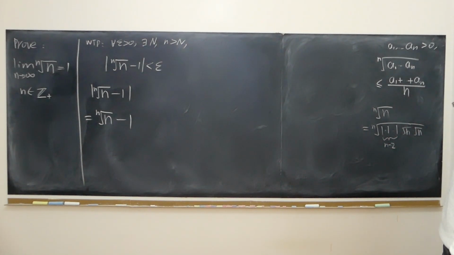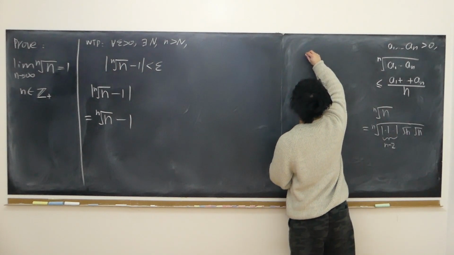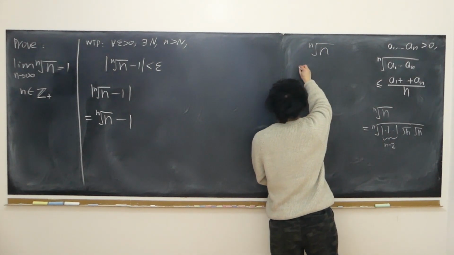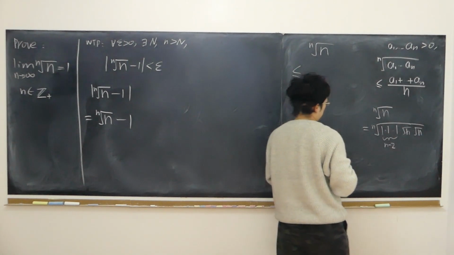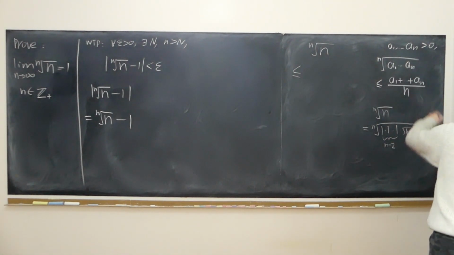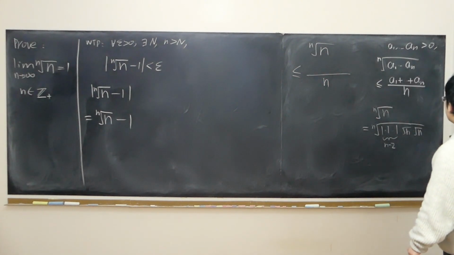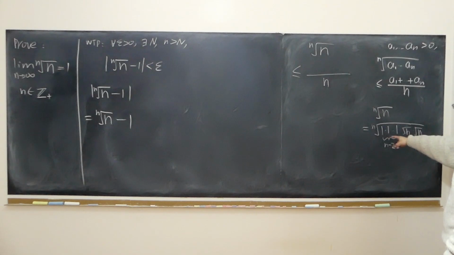So according to the AM-GM inequality, I can have the following conclusion. That is, the nth root of n is no larger than, first of all, I have n on the bottom, and I have the sum of those positive numbers, right?